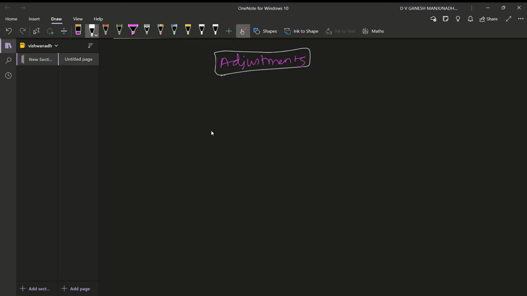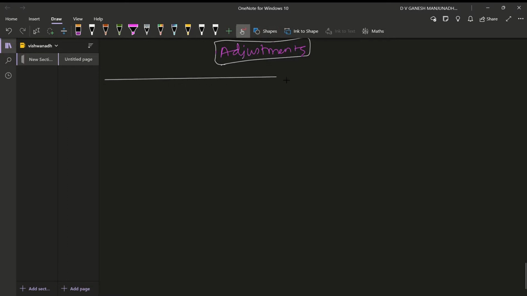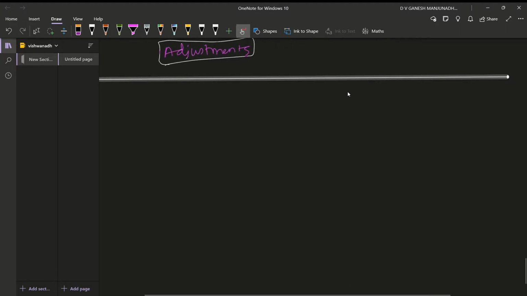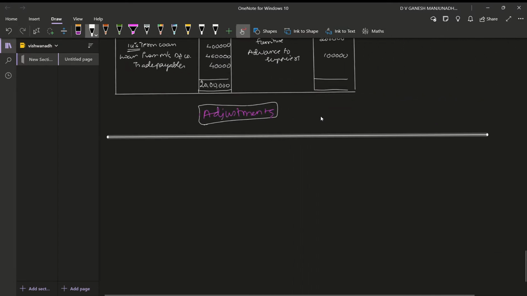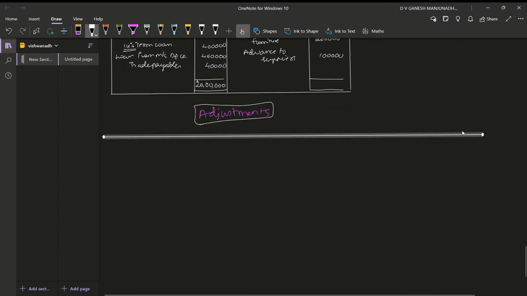First of all, let us see what adjustments we have. Not all the adjustments; first let us look into the basic adjustments we need to check.